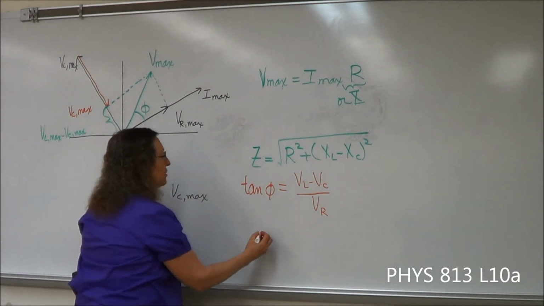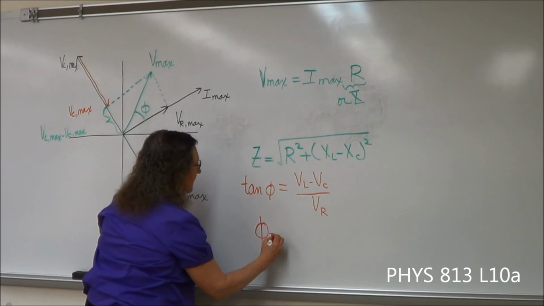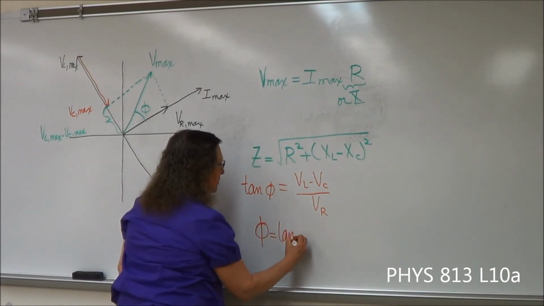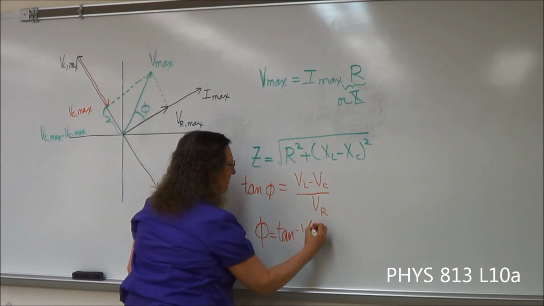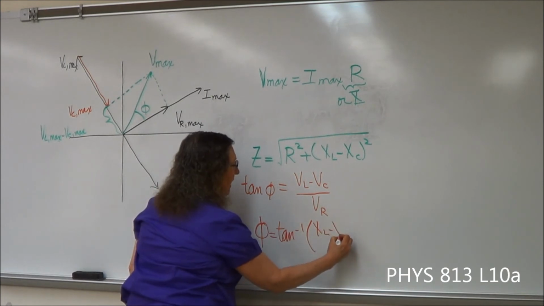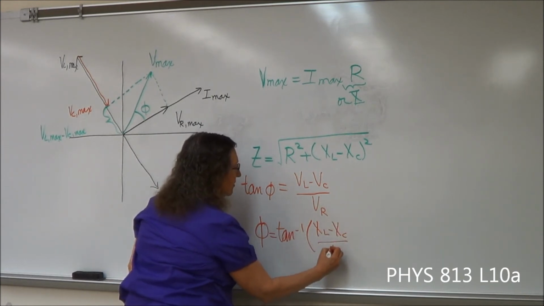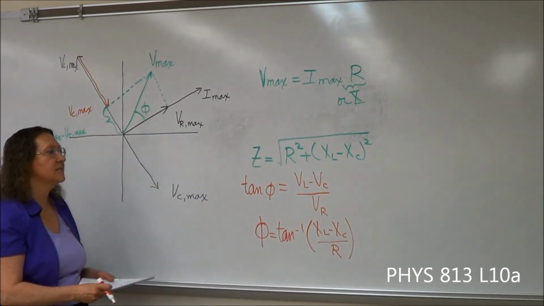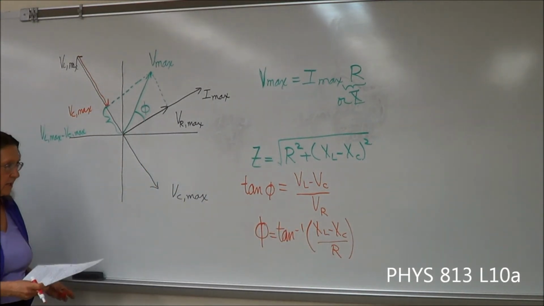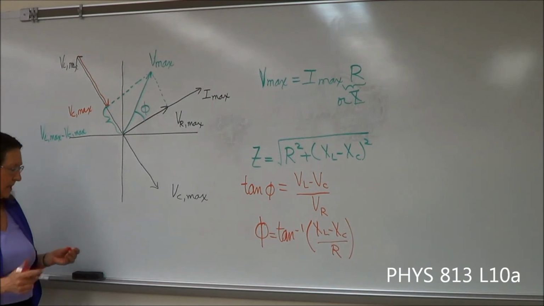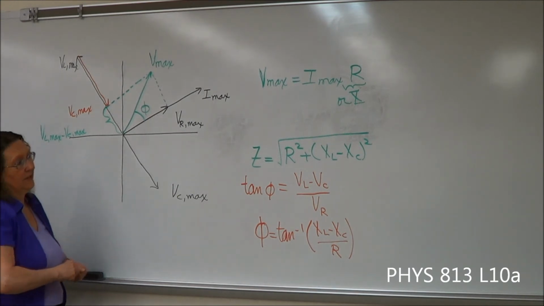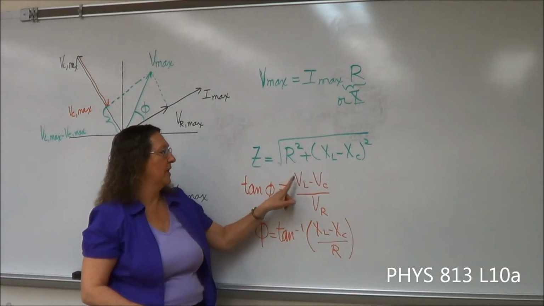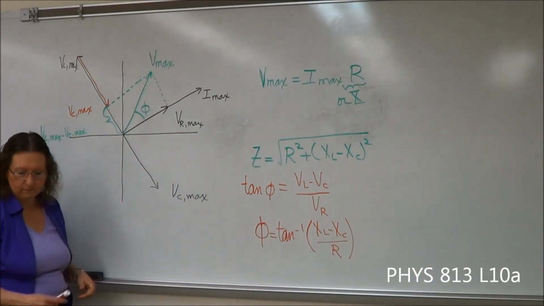And eventually you should end up with the phase angle is the inverse tangent of XL minus XC over R. And you need to make sure that it is the L minus the C. If you do it the other way, you'll get the wrong phase angle.